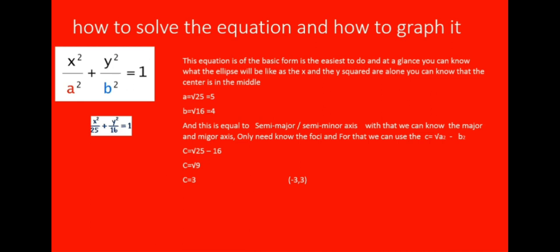That means the foci are at 3 and negative 3. B is in the y, while A is in the x, so the ellipse would look like this.